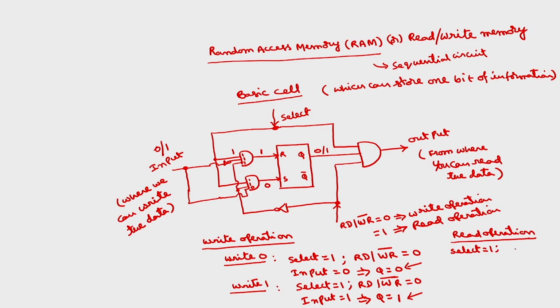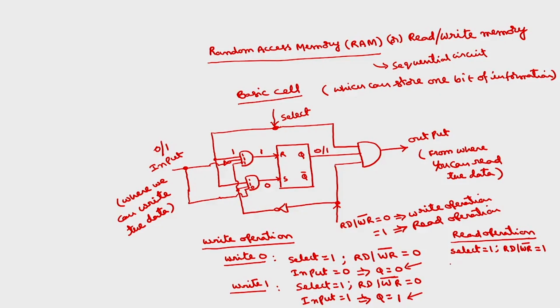Now read by write bar should be 1 because it is a read operation. So now what happens to output of the AND gate? If Q is equal to 0, already 0 is written. I want to read that 0 information. Whatever this Q is, I want to read that Q information. Q can be 0 or 1.